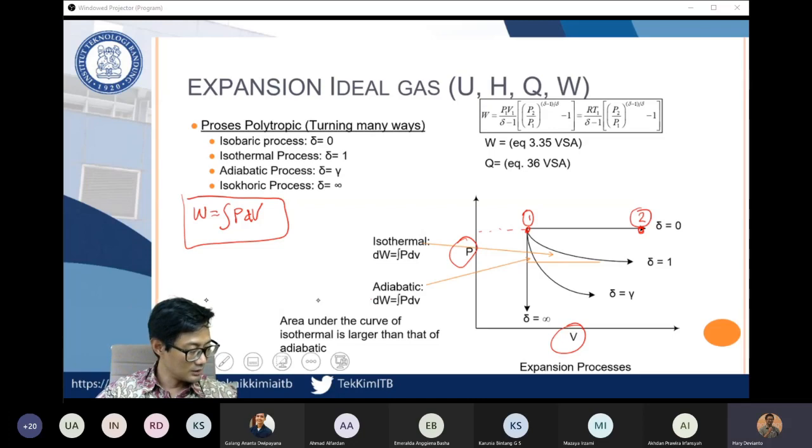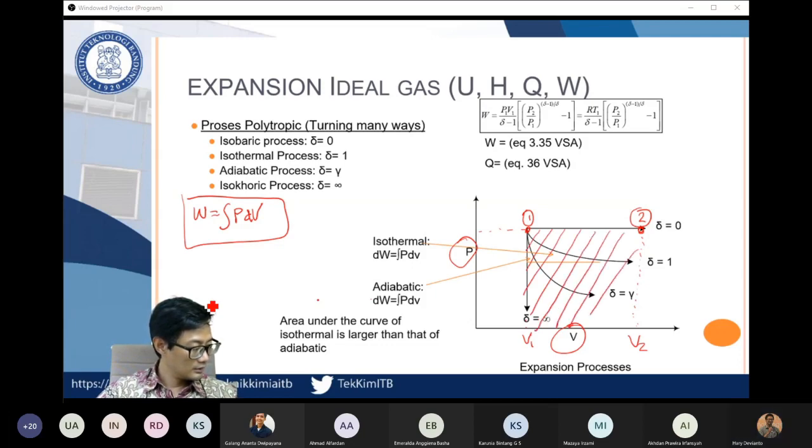So this is the initial one. We will have V1 here. Take also this point, we have V2. So the area under the curve is considered as work for isobaric.